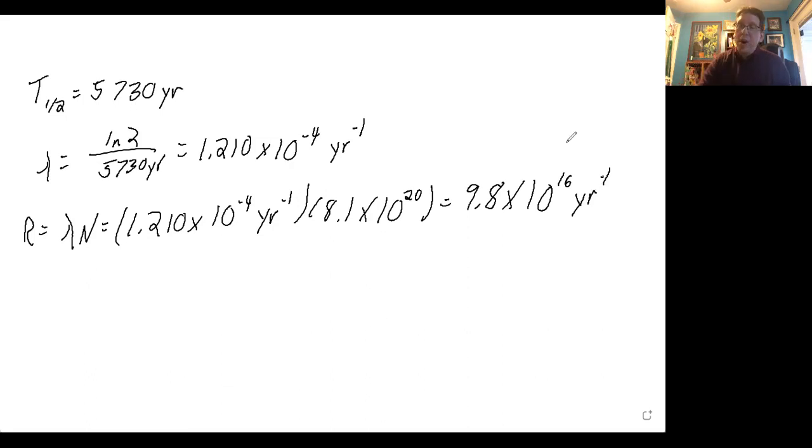And, if you want, it's definitely a number that you can reduce from years to seconds. And so the number of seconds in a year is 3.15, or 3.16 times 10 to the 7 seconds.